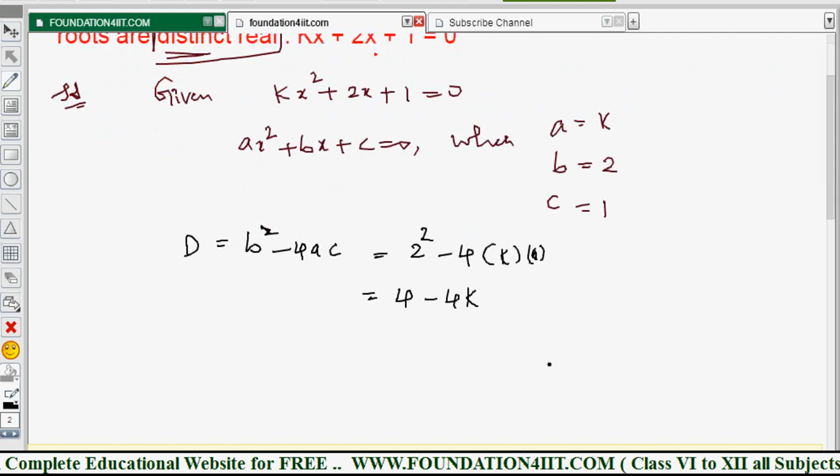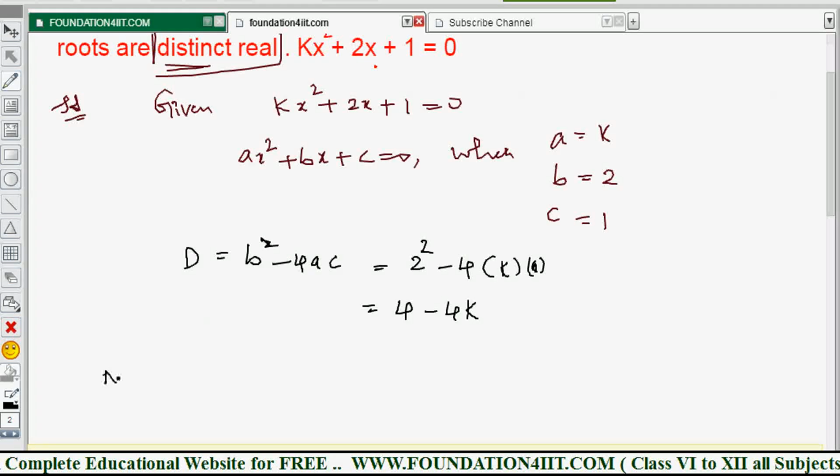But according to distinct real, we need to take now d is greater than 0. Okay, only roots are real, we'll take d is greater than or equal to 0. If they mention roots are real and equal, just take d is equal to 0. If they mention only distinct real roots, just take d is greater than 0.